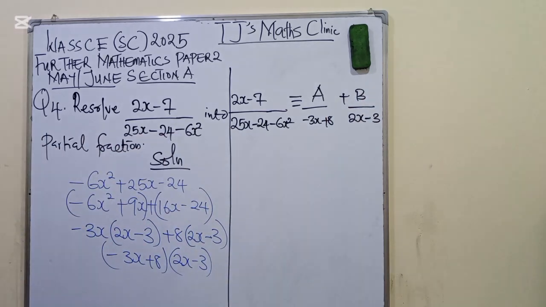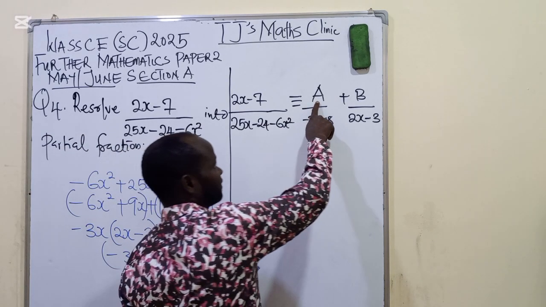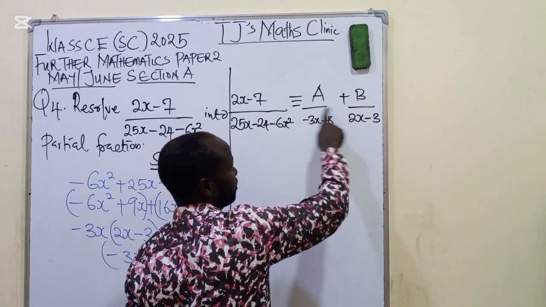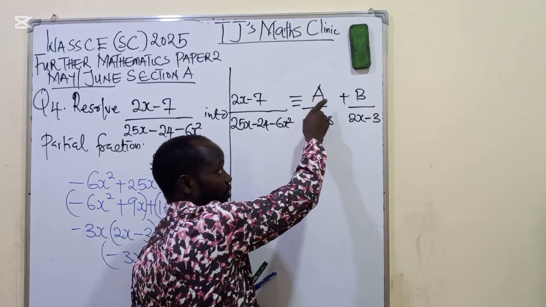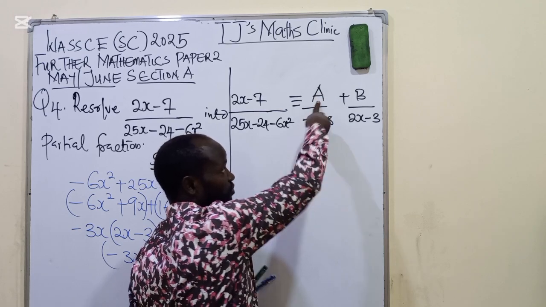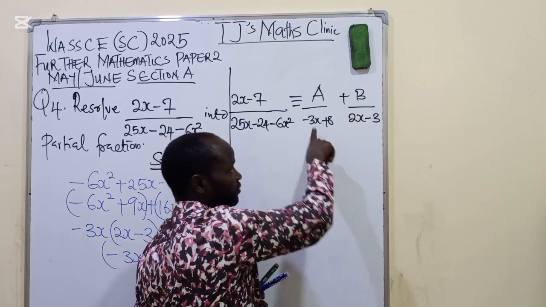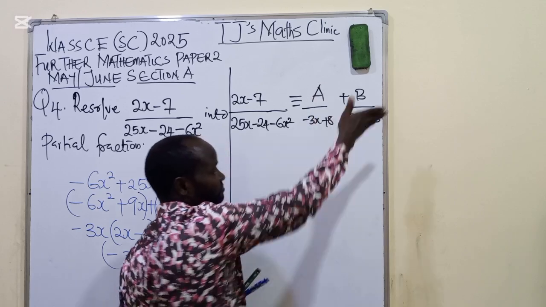We have split it into partial fractions now. The only thing is we have to find the constants A and B. Why are we having A here? The power of x in the denominator is 1, so the power of x in the numerator will be 0, and x to the power 0 is 1. That's why we're having A. The same thing here. Assume that we have a quadratic here, we'll have Ax plus B.